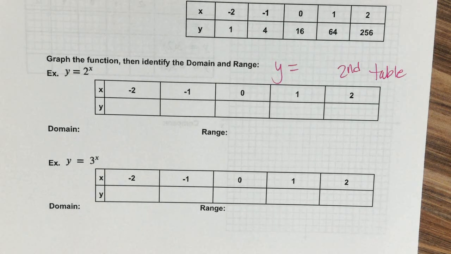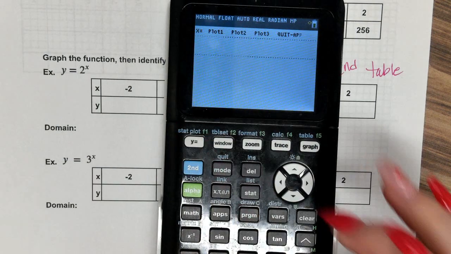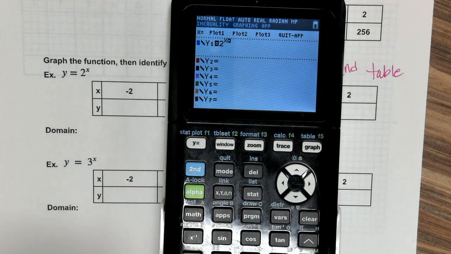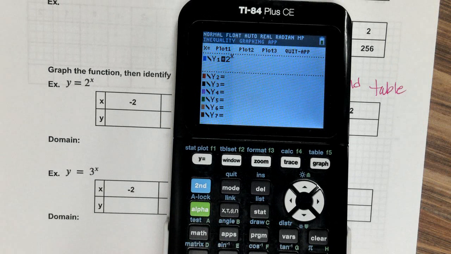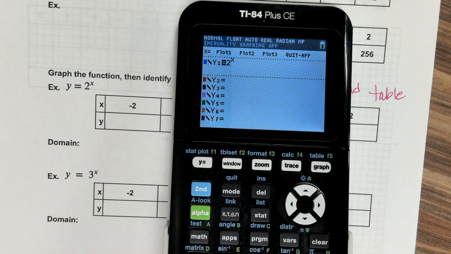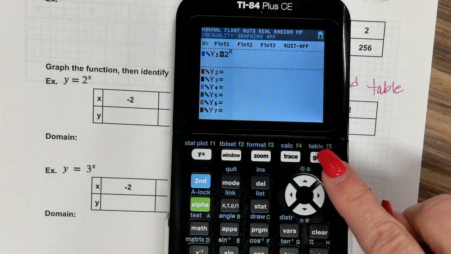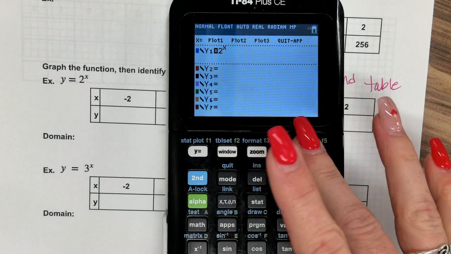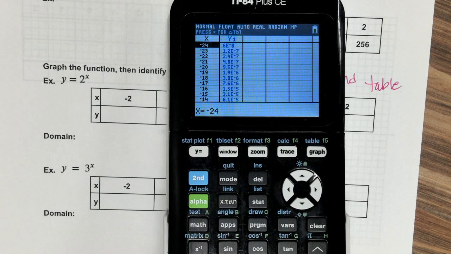Okay, so let's go to our y equals button and type in 2 to the x power. Okay, and then right here above graph in blue says table.